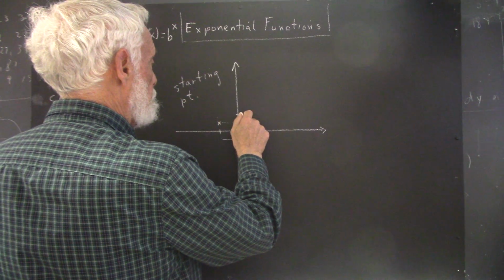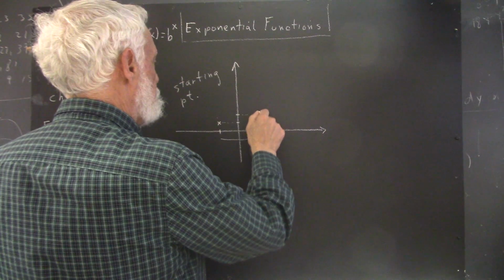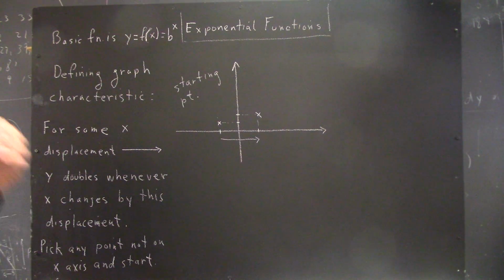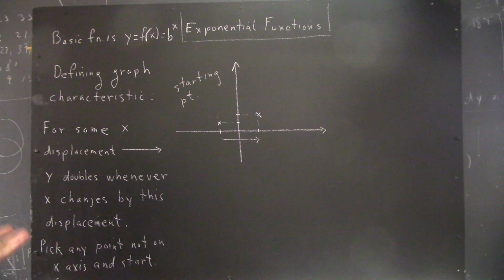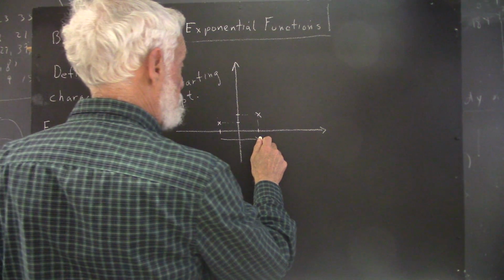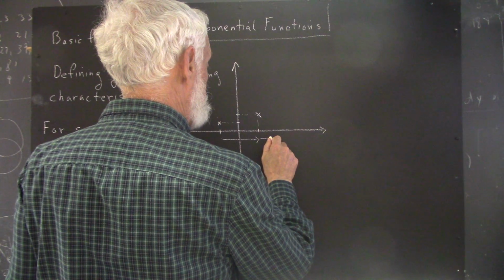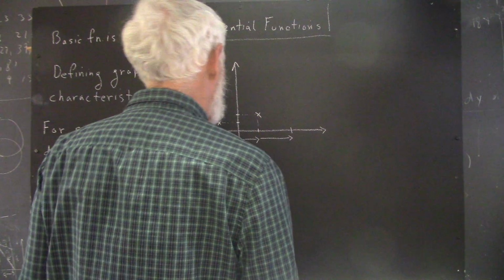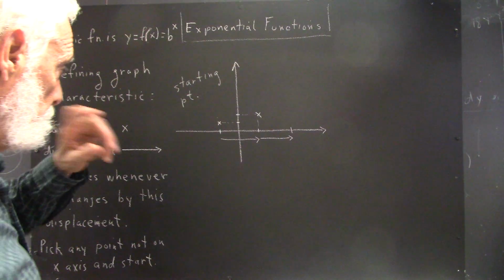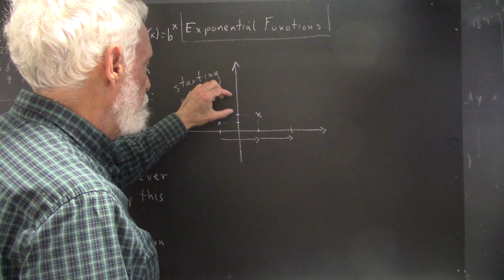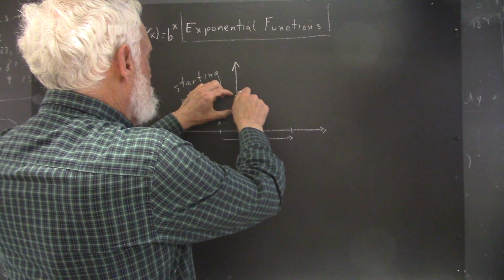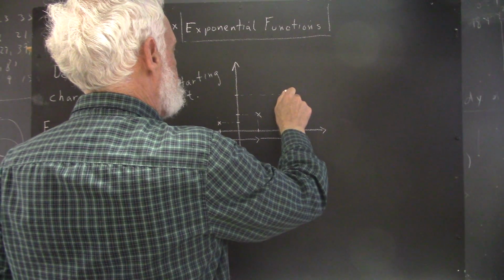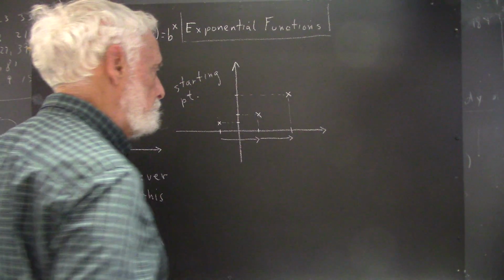We're going to move the y value to here, and now we have a second point on our graph. Okay, well, we can do this again. Let's say we move through the same displacement. Then we're going to end up with this x value. And that's going to double the y value we already have, and that's going to get us all the way up to here. So now we're going to have a graph point here.